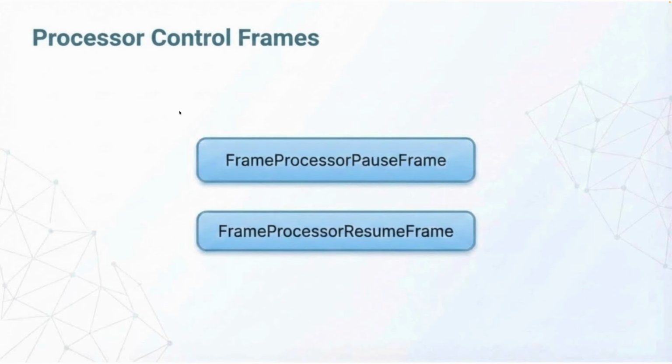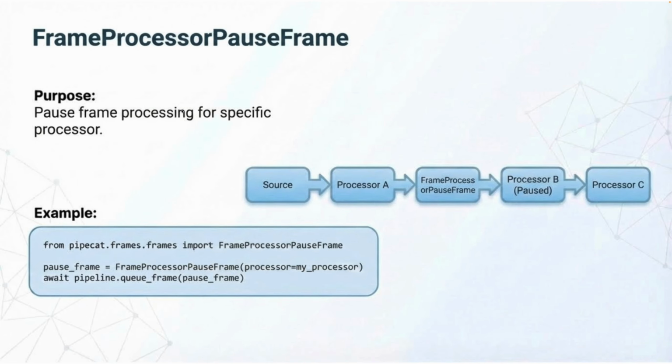Yeah. So next we have process control frames. Process control frames pause or resume a specific processor. So we have this frame processor pause frame. If we want to pause frame processing for a specific processor, we can do that.